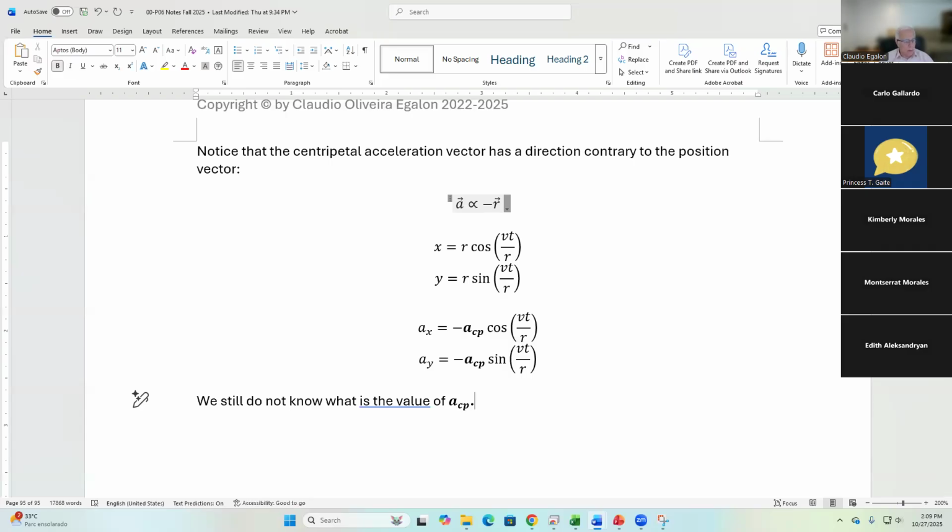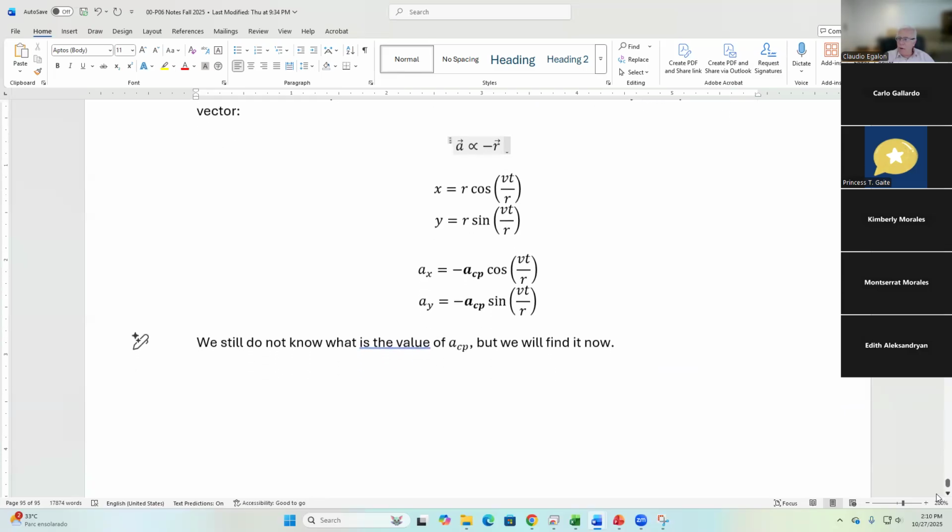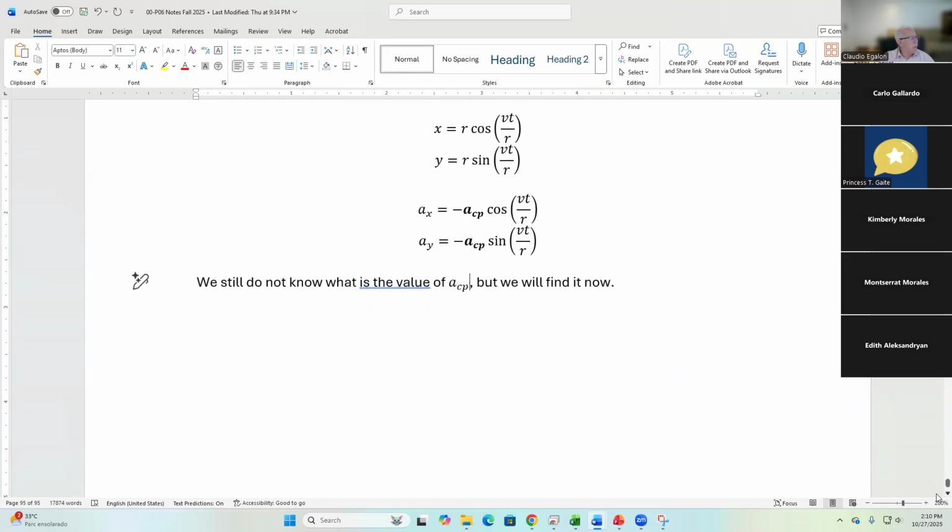Okay, we still do not know. We will find it now, also by analysis, by inspection of the drawings, okay? See how important drawings are in physics? So you can visualize your problem and come up with a simpler solution, okay?